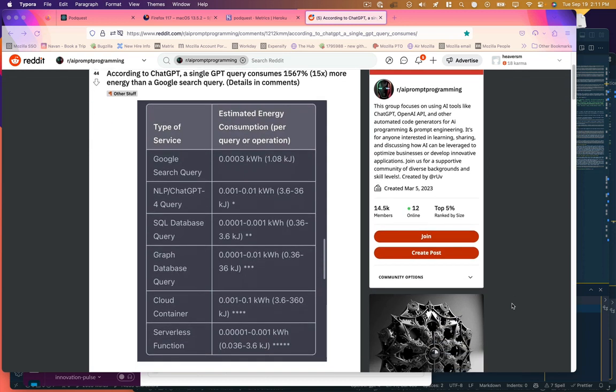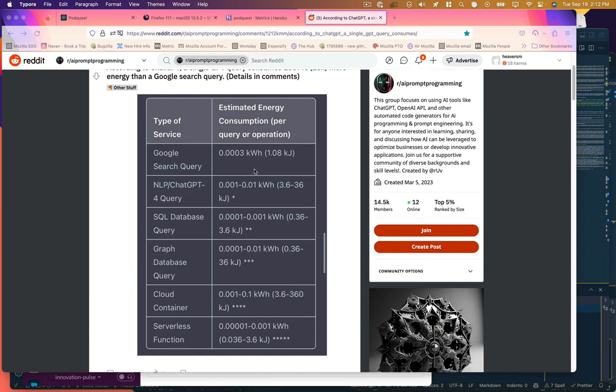Now, the interesting thing is maybe not that energy usage, but how does it compare to a Google search query? From this chart, it looks like it takes about 15 times more than a Google search query. So think about that the next time you are asking ChatGPT a question that you could do a Google search for.